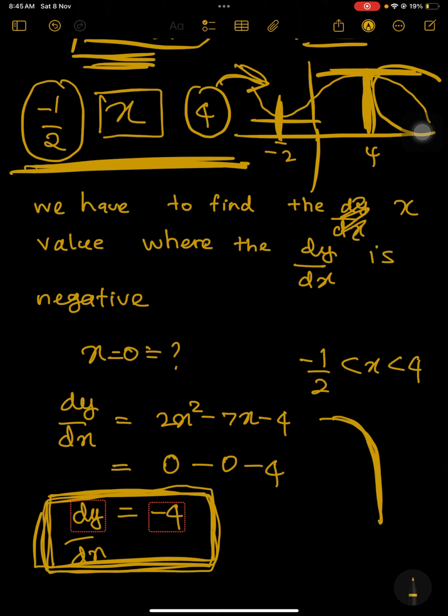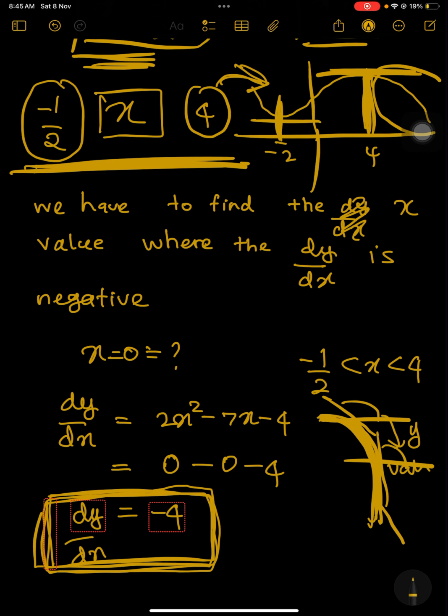It's like this. The graph is decreasing, I mean the y value is decreasing. So the value of gradient is negative.